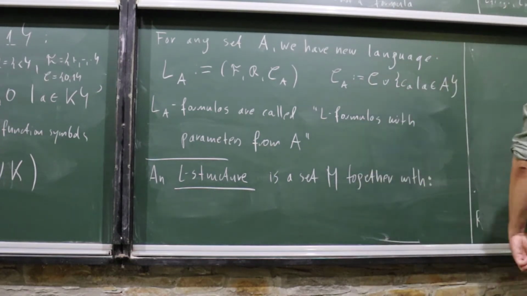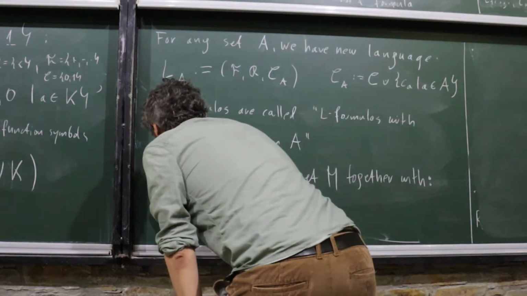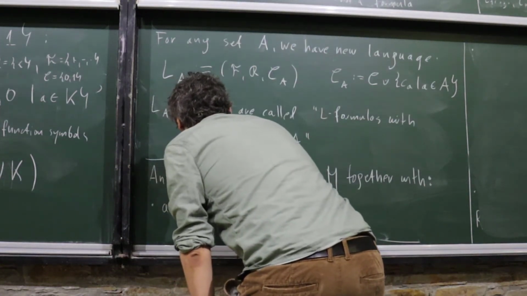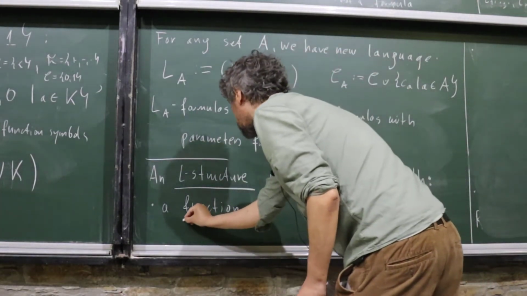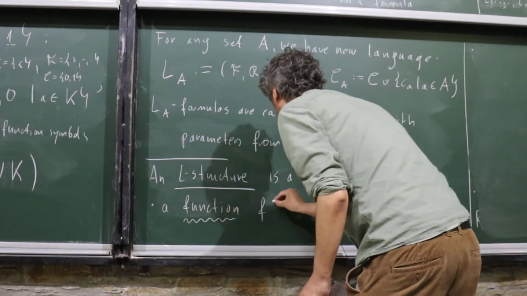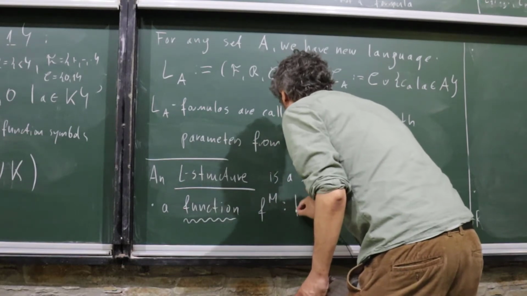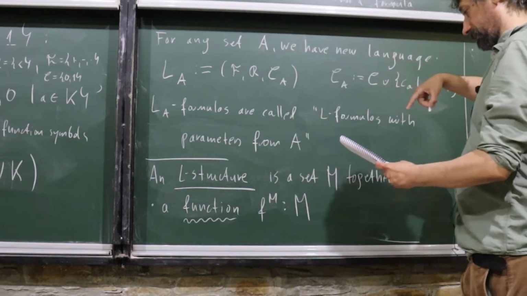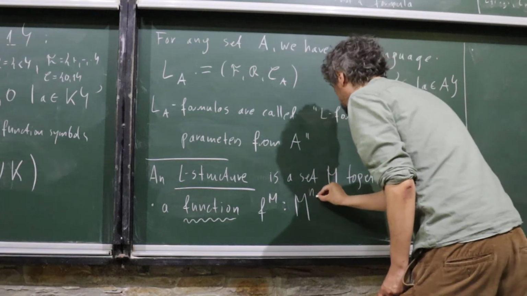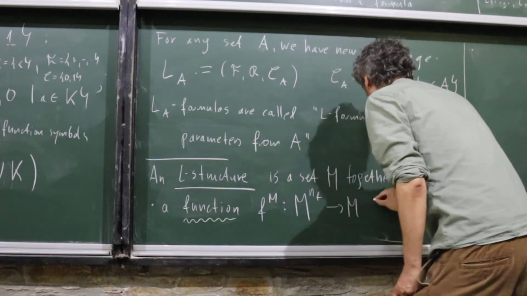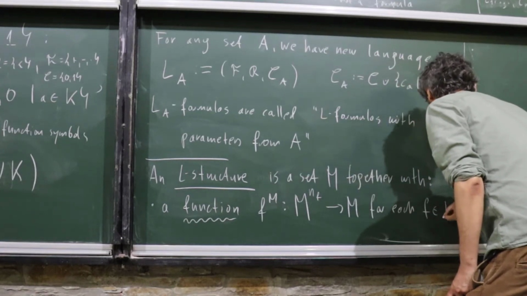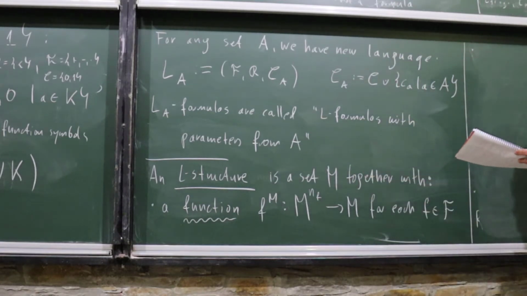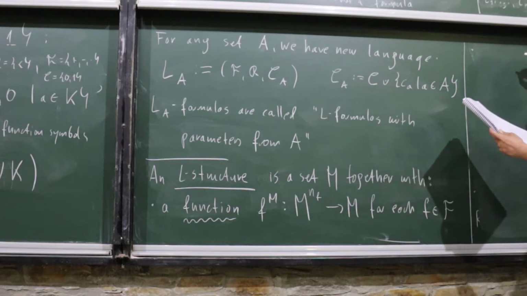So as I said, everything naturally interpreted. A function, so a real, actual function f_M from M to the power n_f for each function symbol, a relation, so a subset.